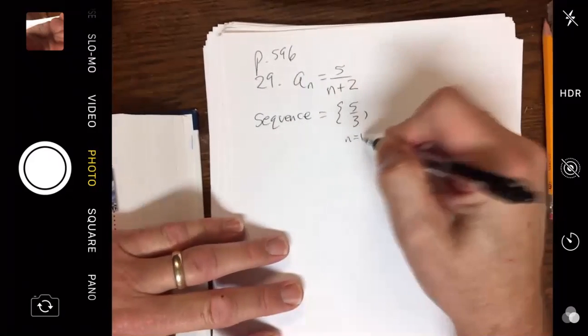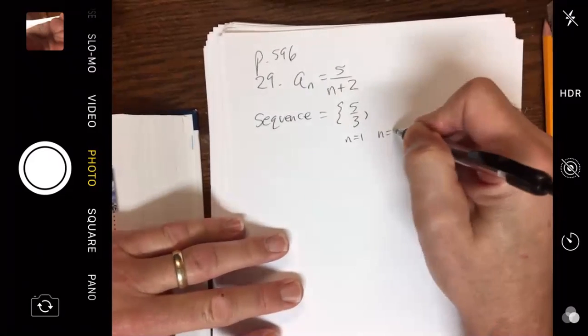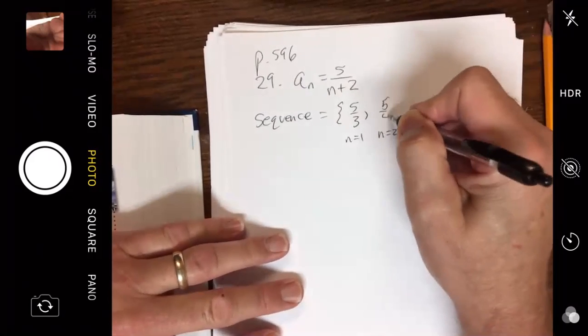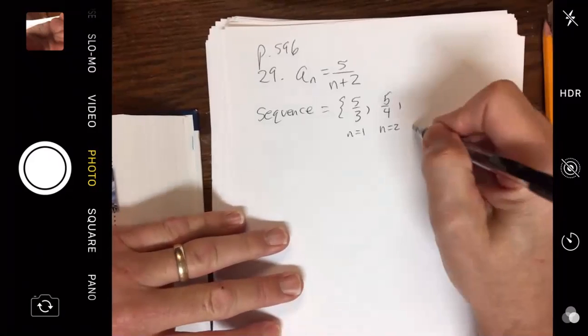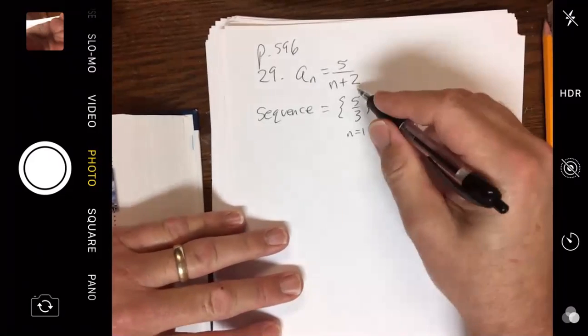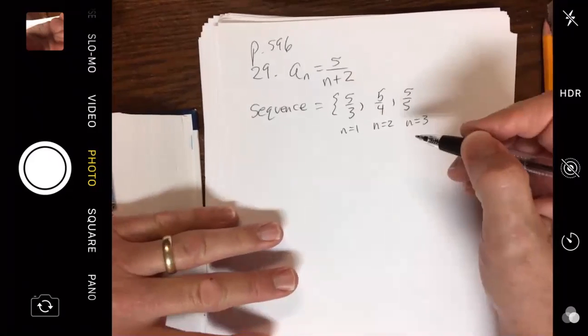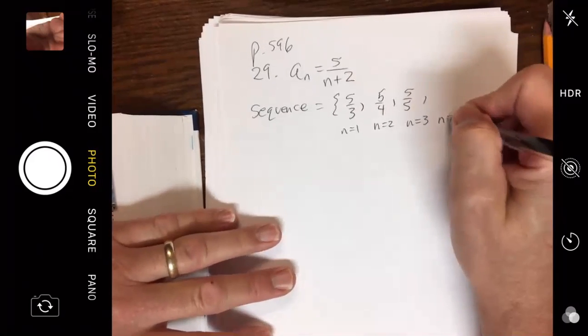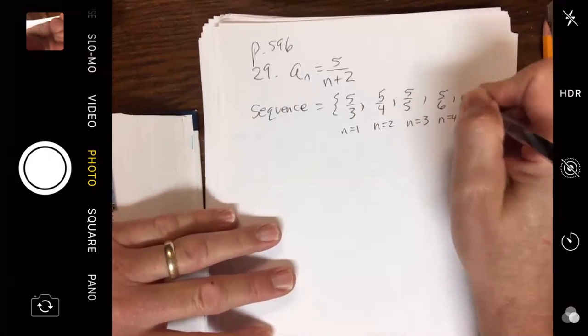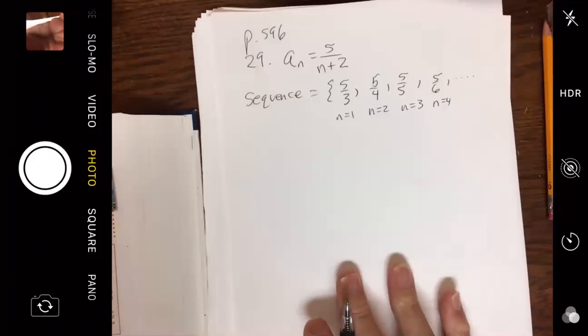That's the n equals 1 term. If n equals 2, you're at 5/4. If n equals 3, you're at 5/5, which is 1. You see the pattern? At n equals 4, you're at 5/6. Everybody get the idea?